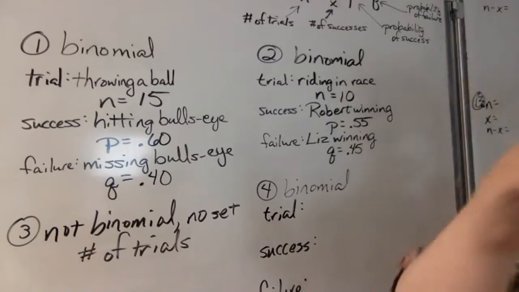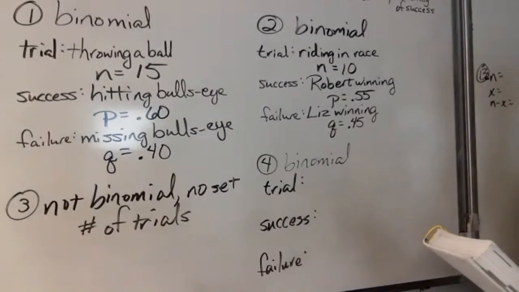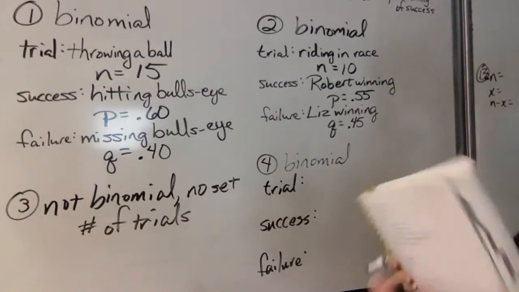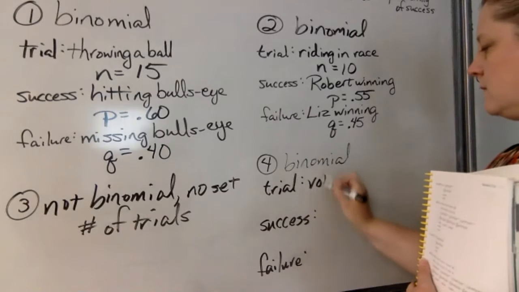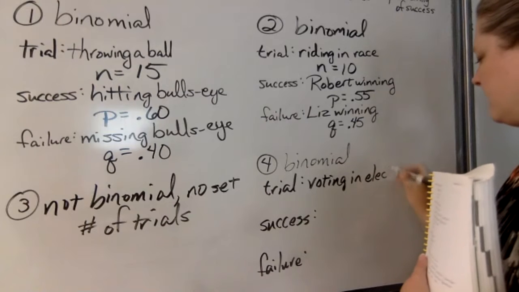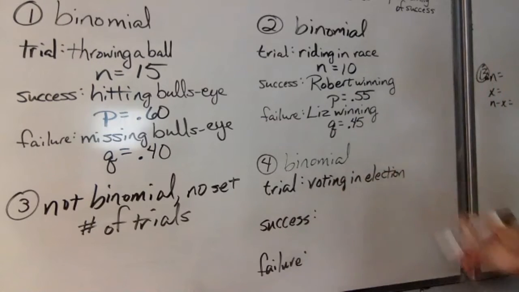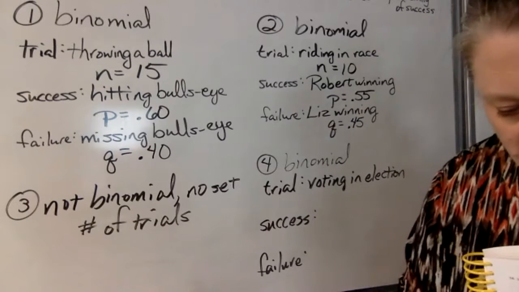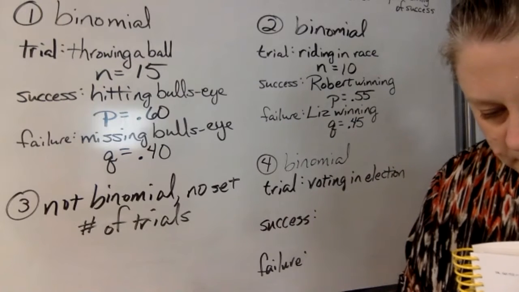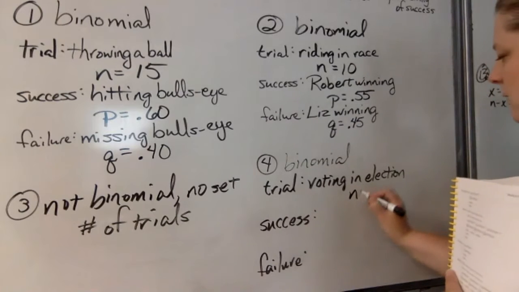Okay, so the actual trial is voting in the election. Okay, because you had vote this candidate, vote this candidate. That's your actual trial. Okay, it said how many voters were they actually going to look at? 20. So they were looking at 20.